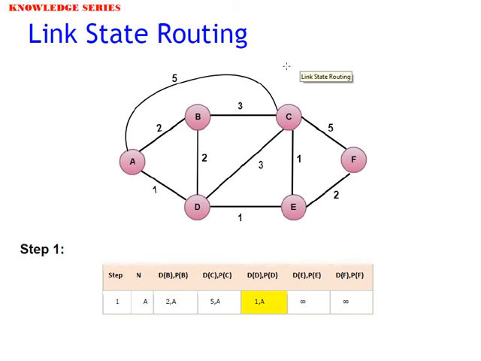Then we will be using Dv, which defines the cost of the path from the source node to the destination node. So if I say D of x, small x, of v, it is the same thing: the distance from x to v, or the cost of the path from that particular node to the neighboring node.